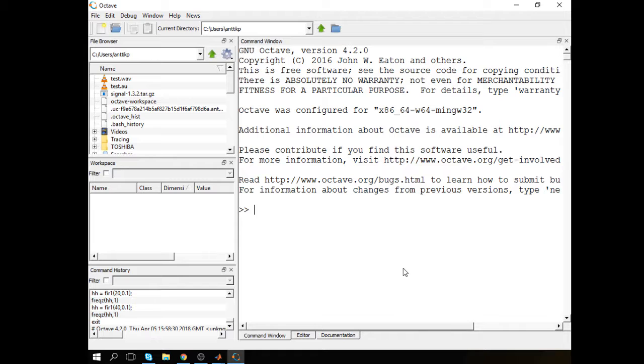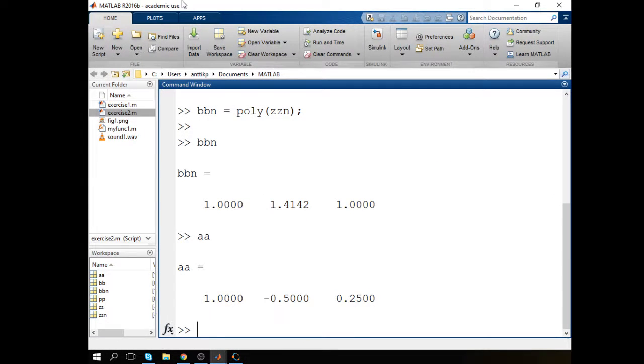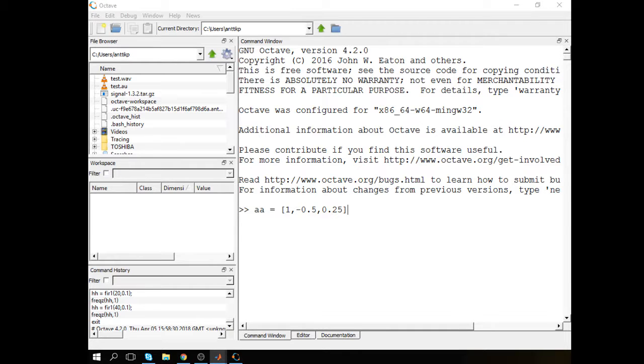So let's see, I will just make that AA equals 1 minus 0.5, 0.25. Was that the case? Yes. And then BB is 1, square root of 2.